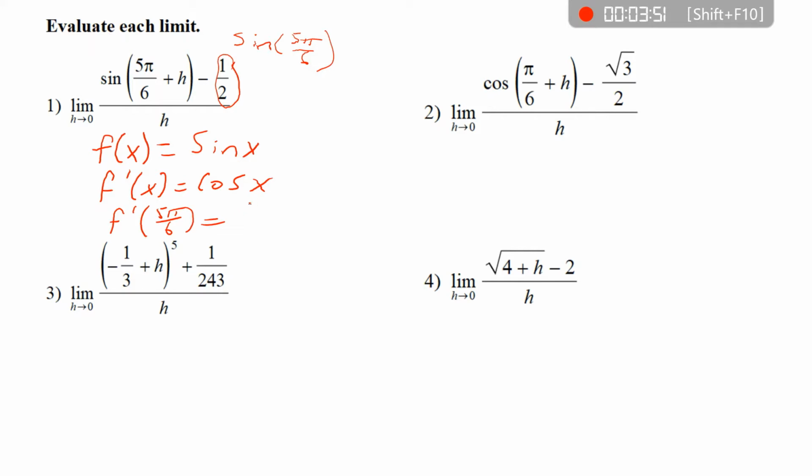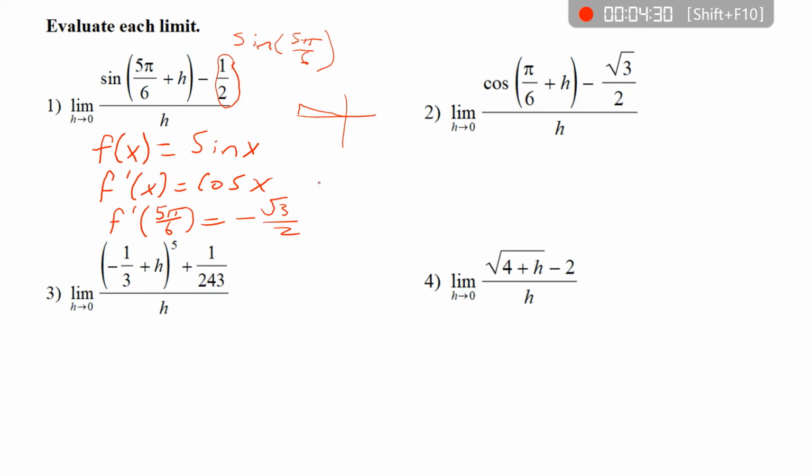The sine at 5 pi over 6 is 1/2, so what should the cosine be? Root 3 over 2. Okay, that's the magnitude, but then for cosine, this will be back here somewhere, so negative. Negative root 3 over 2, perfect. Okay, so again, because this is the definition of a derivative, that should be our final answer.